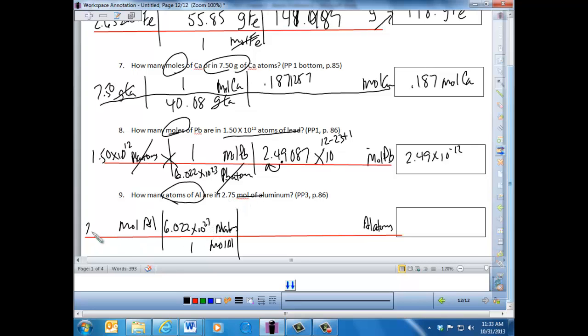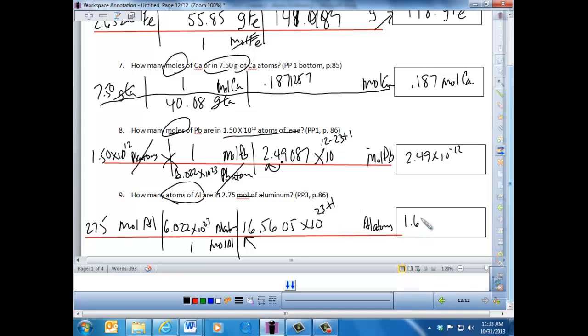So what do we have here? 2.75. We multiply 2.75 times 6. Well, 3 times 6 would be 18, 2 would be 12, so somewhere between 16 and 18, and it comes out to 16.5605 times 10 to the 23 aluminum atoms, but we have to move this back one place, making this smaller, so we're going to have to make this larger.